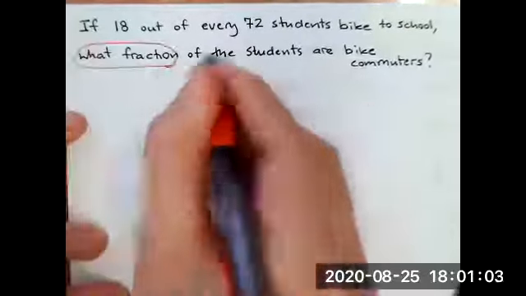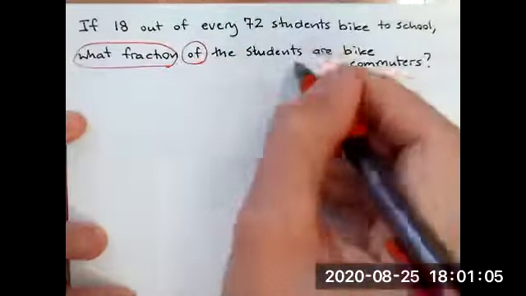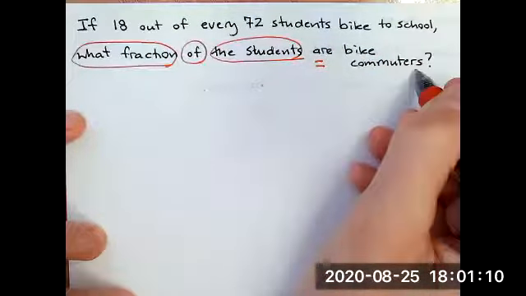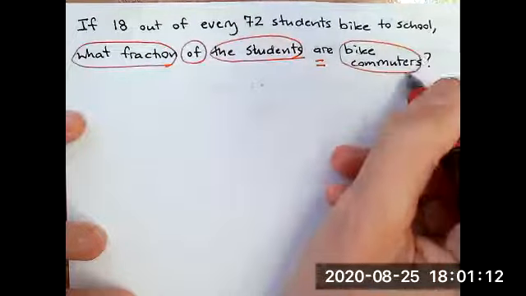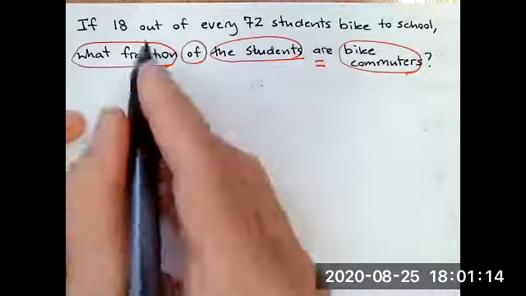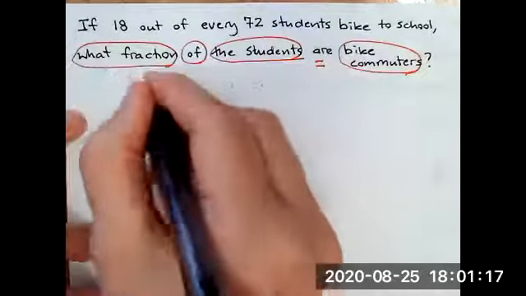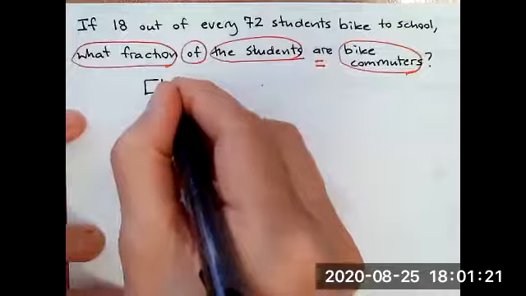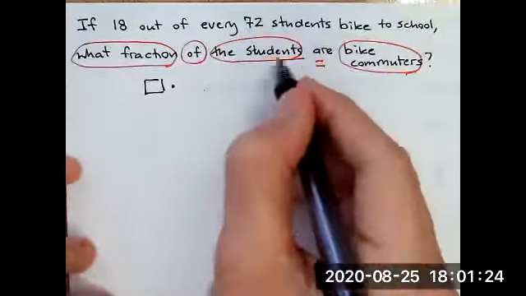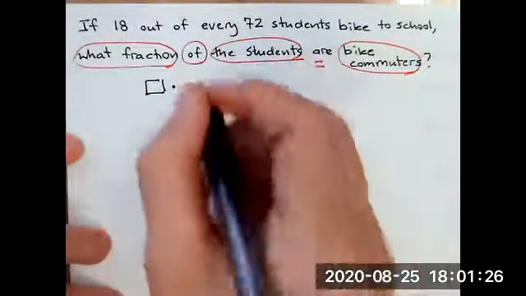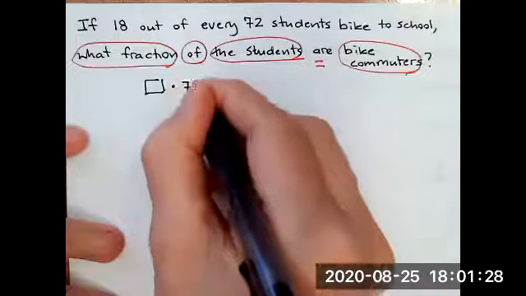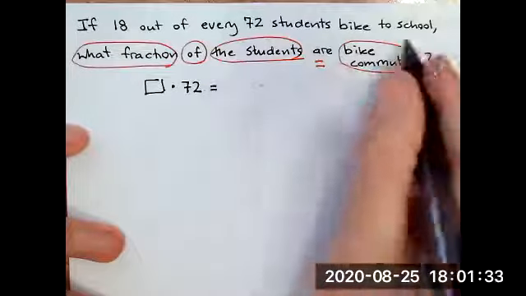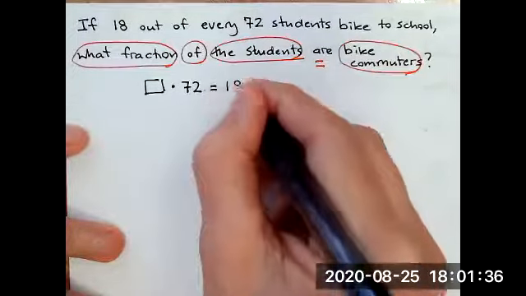What fraction of all of the students are bike commuters? So we're looking for the fraction. Of means times. This is all of the students. So that's going to be 72. And that equals the number of bike commuters, which is 18.